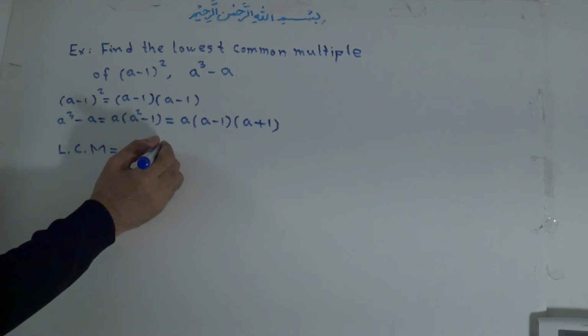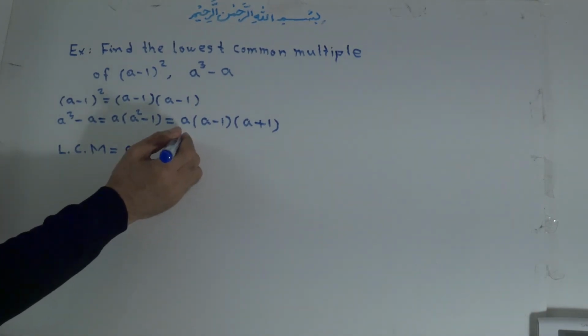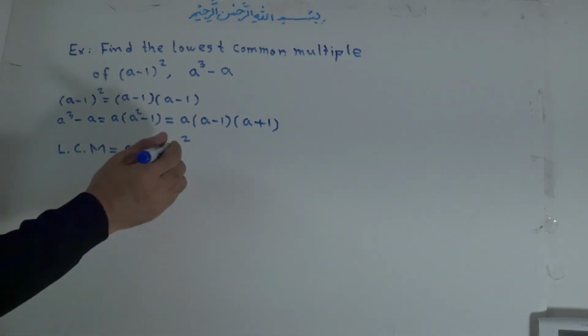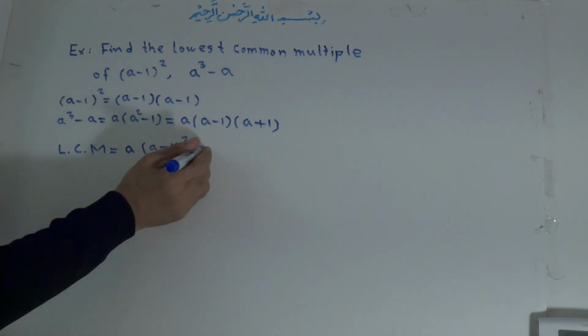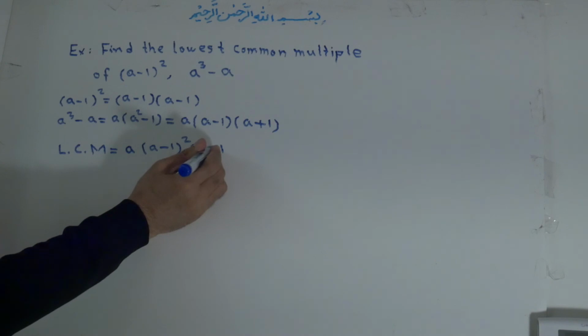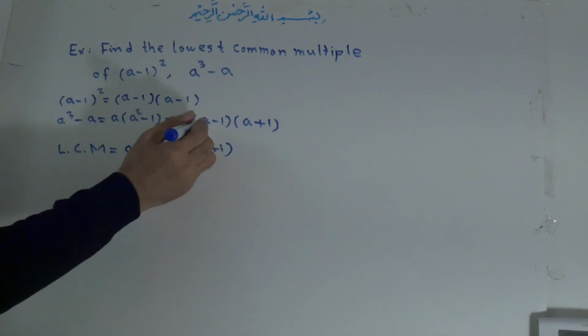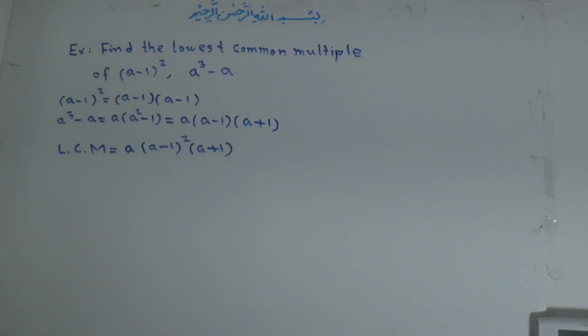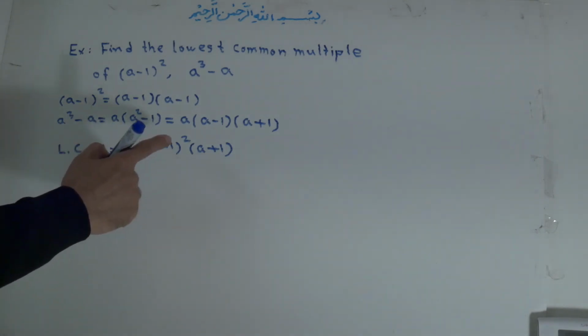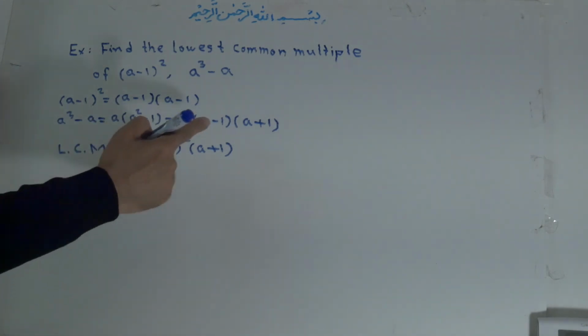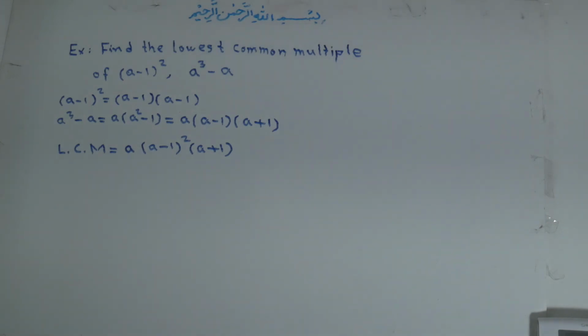We take the highest power of each. Now the LCM of these two expressions is a times a minus 1 to the power of 2 times a plus 1.